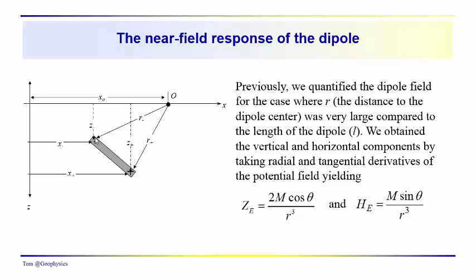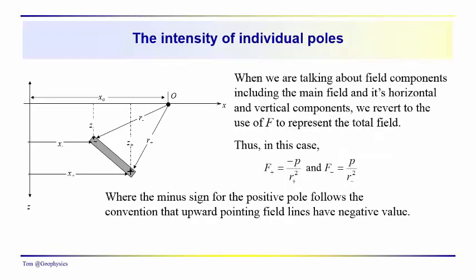We have to consider the negative and the positive pole separately. Their contributions were considered separately in the previous case, but we ended up with a simplification there that we won't find here. So let's take a look at how we go about working through that problem.